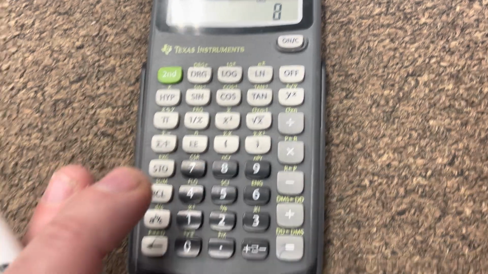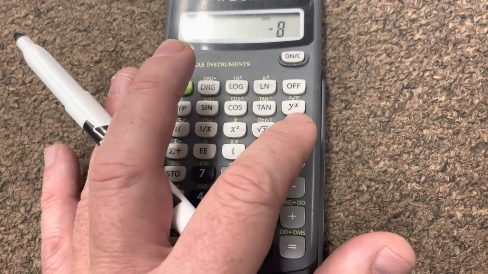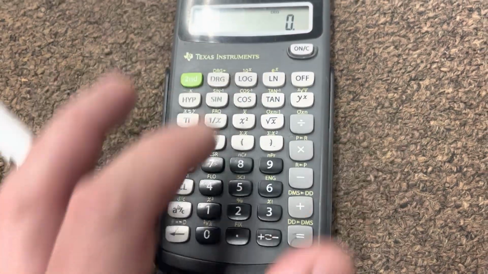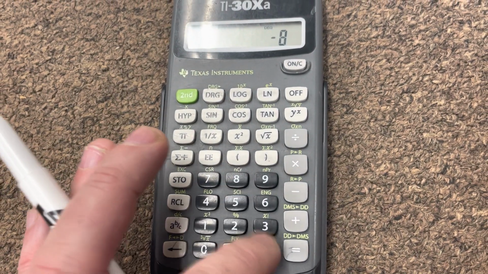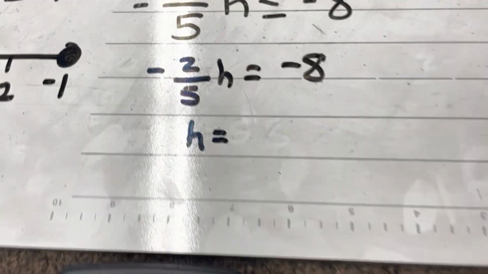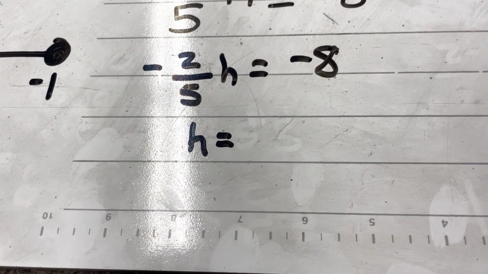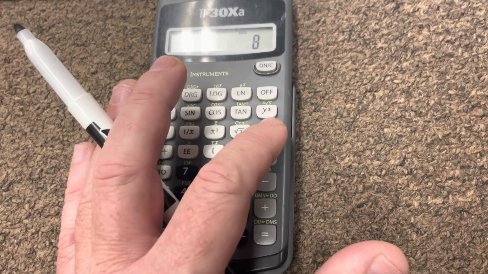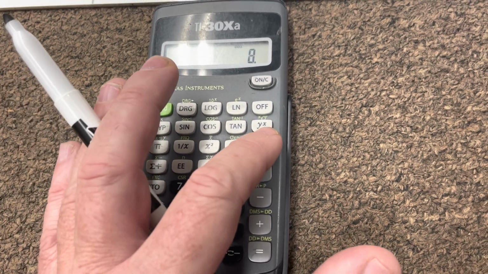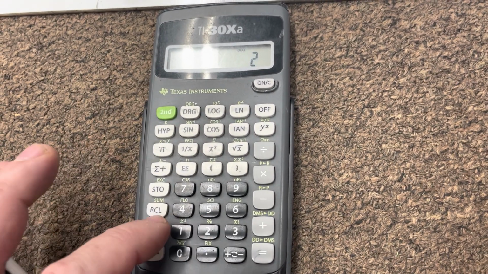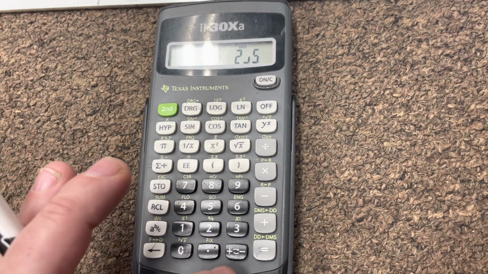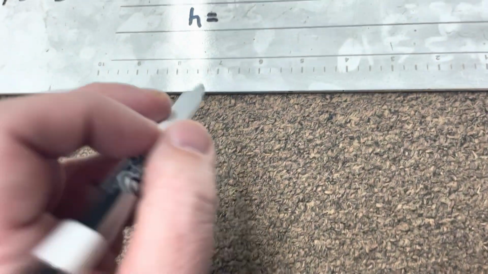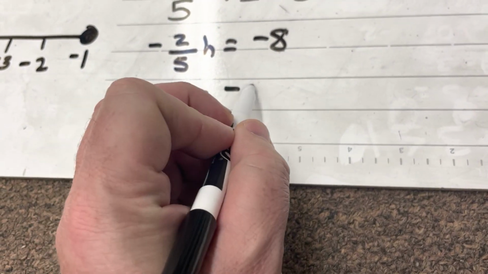It's going to be negative 8 divided by negative 2/5. So h equals negative 20.